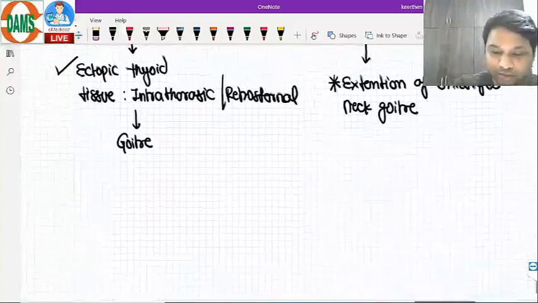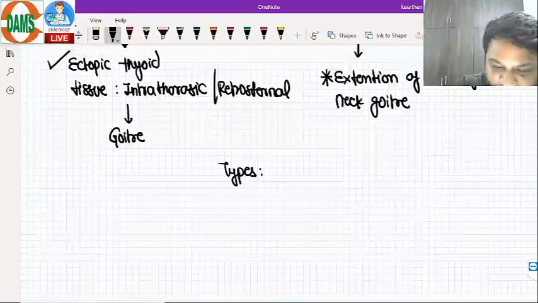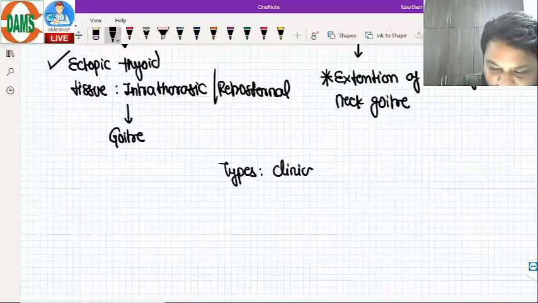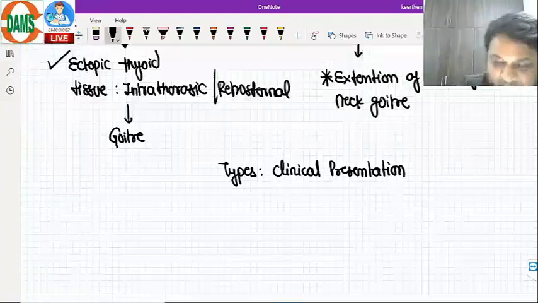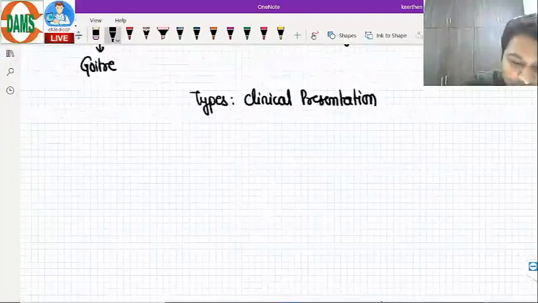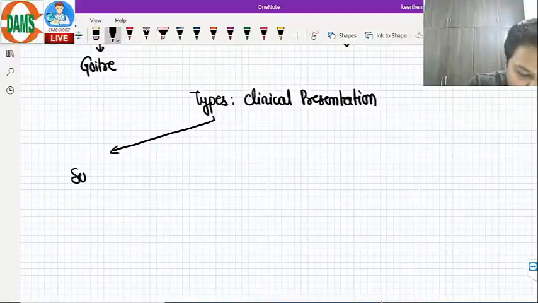Right. Now, based upon their clinical presentation, retrosternal goiters are divided into three types. Number one is called the substernal goiter.